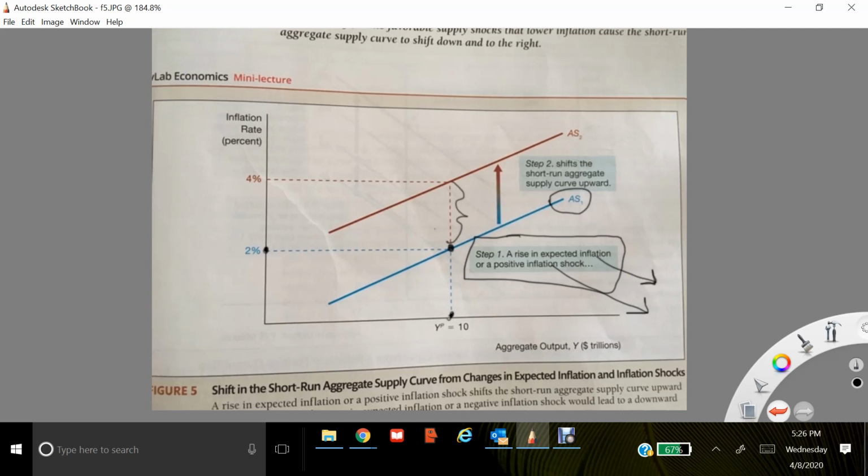So we would have a shift up at any level of output. Actual inflation would be higher. Or if we had a positive inflation shock, for example, an increase in oil prices, okay?